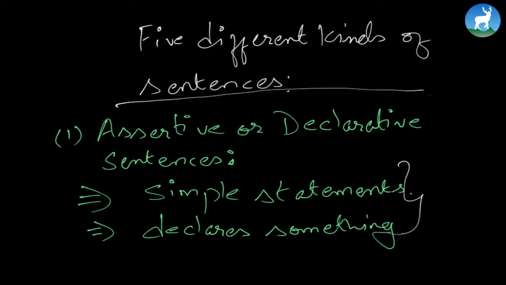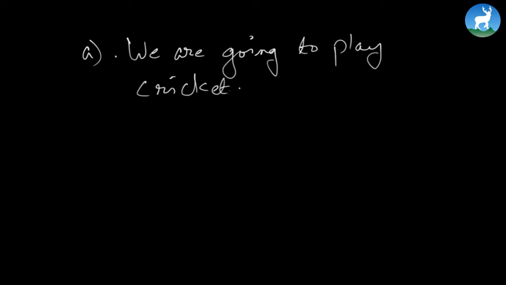We can clarify this with an example. Let's say, we are going to play cricket. A simple statement is made here and it declares that a number of people are going to play cricket.